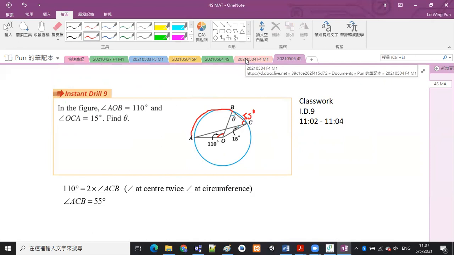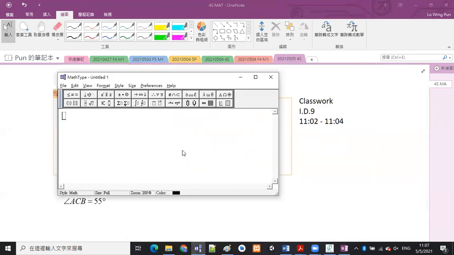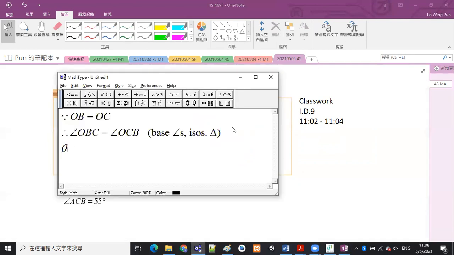Now, OCB is 15 plus 55. So theta can be found by isosceles triangle. Now, because OB is equal to OC, therefore we can say that angle OBC is equal to angle OCB. This is base angles isosceles triangle. But angle OBC is theta. And then OCB is 15 plus 55 degrees. So it will be 70 degrees.